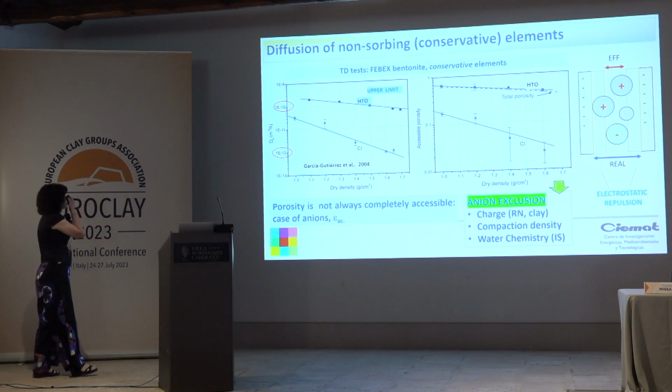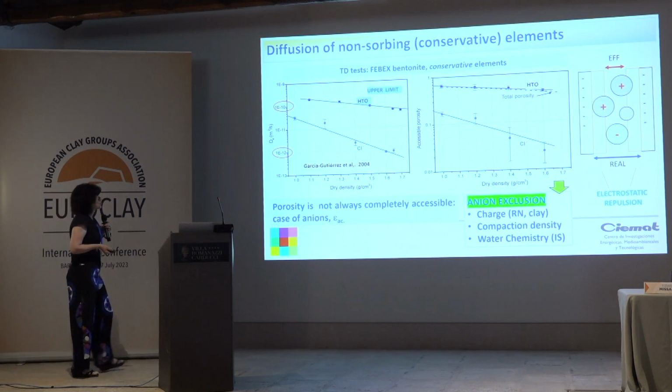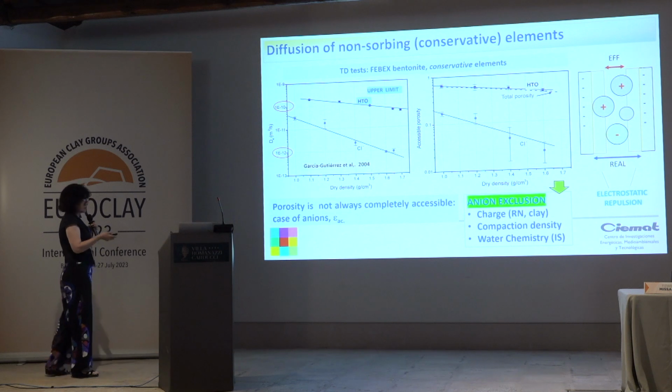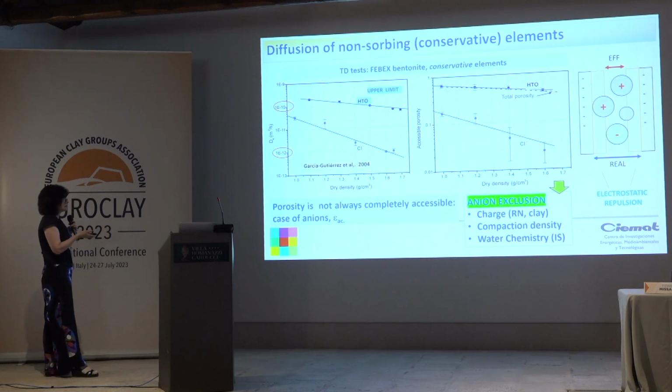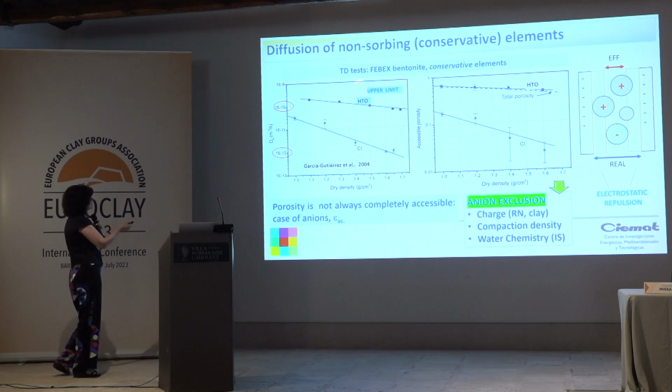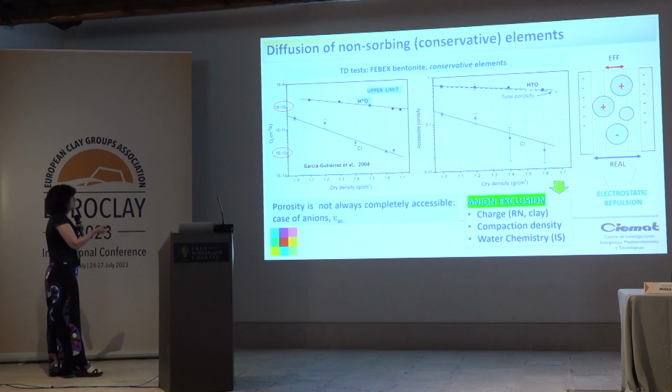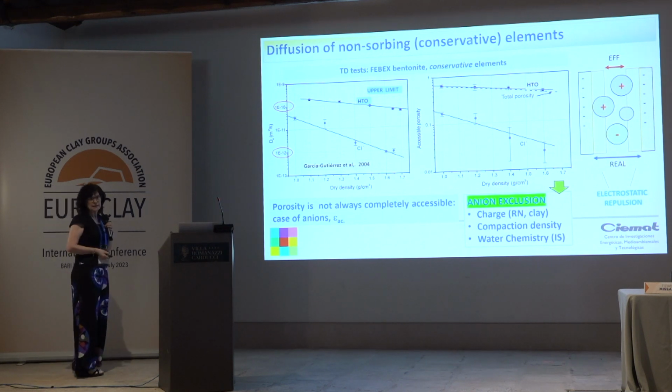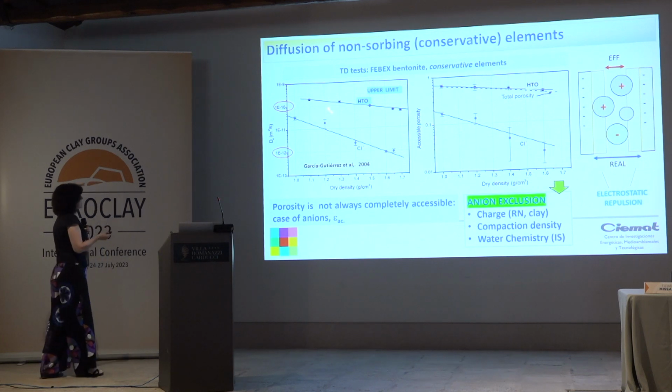So this is an example of diffusion of non-sorbing species. They are conservative. This study is very important because, for example, if we use tritium or tritiated water, this will generally provide the upper limit for the diffusion coefficient. So this is the maximum diffusion that we can have here.